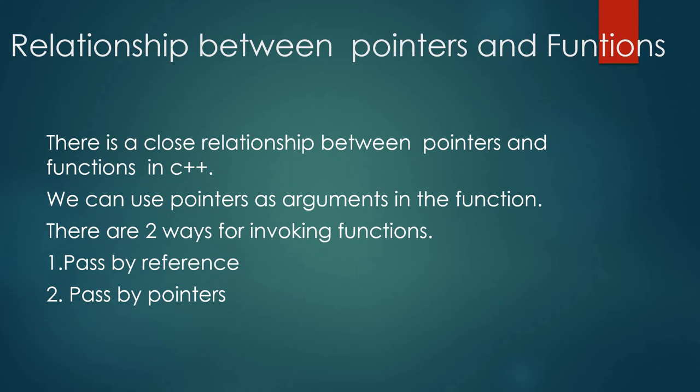By using a normal function, we can return one and only one value. But by using these two methods, that is pass by reference and pass by pointers, we can return more than one value.